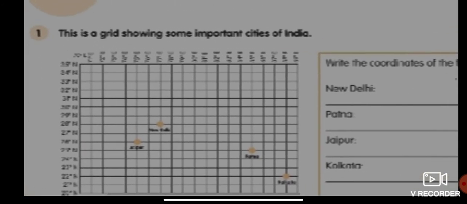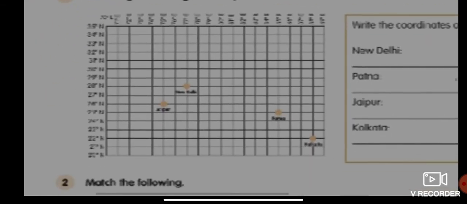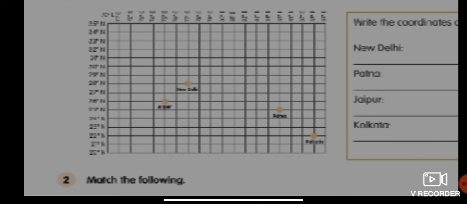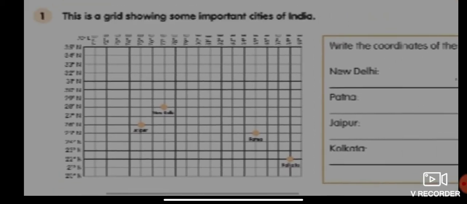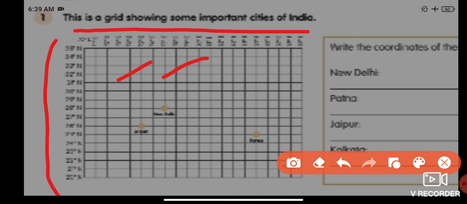You will find a clearer picture in your worksheet S3. I hope you all have your S3 worksheet with you. There are places marked in the grid. As I told you, the lines are known as the grid, and the numbers representing the positions are coordinates.